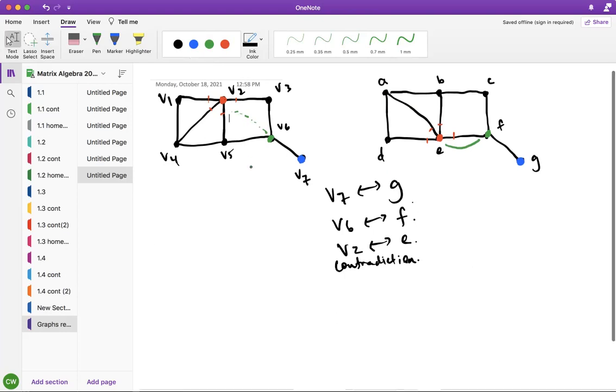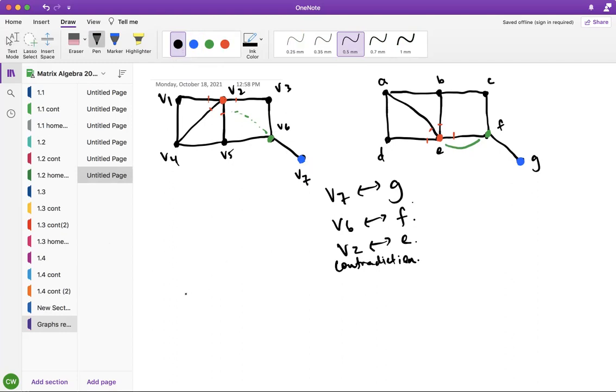What's one way we can talk about this? We can talk about this based on a problem with, not even adjacency from V2 to V6, we can think of this as the length of a path from V7 to V2 or from G to E.